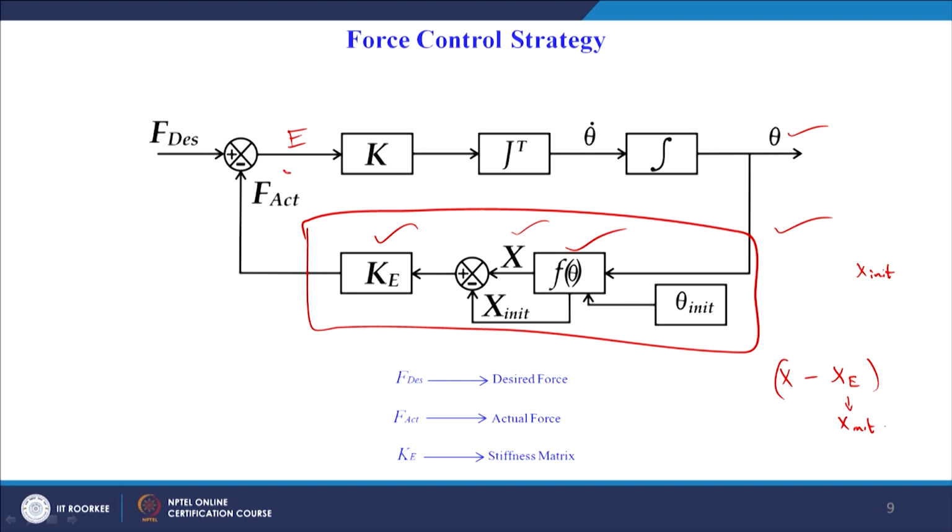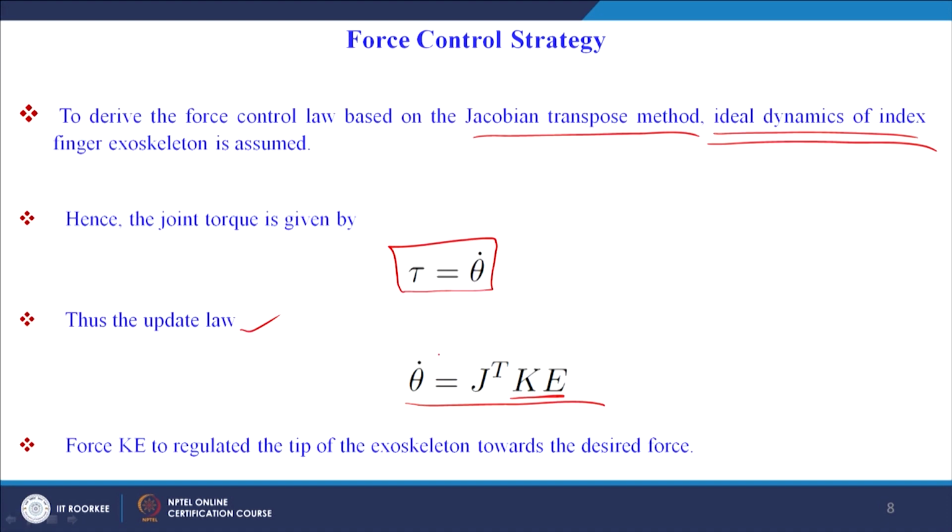Through that we obtain the F actual. So, the difference or the discrepancy between desired and the actual force value will give the error, again that is multiplied with the control gain, then it is multiplied further with the Jacobian transpose in order to obtain the theta velocity, which is given by this expression, this update control law.